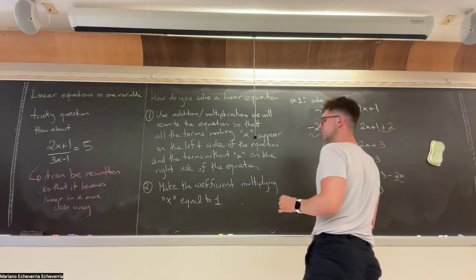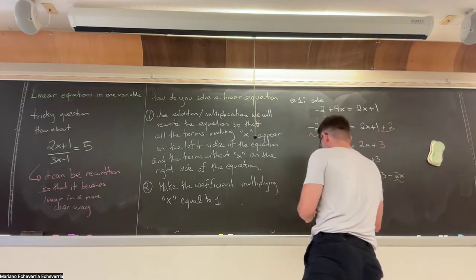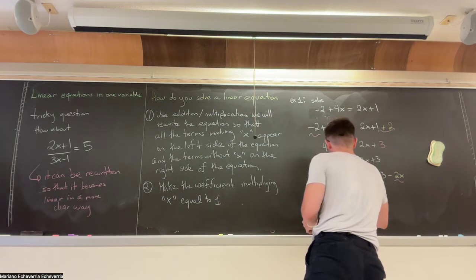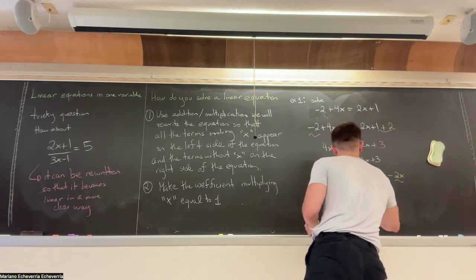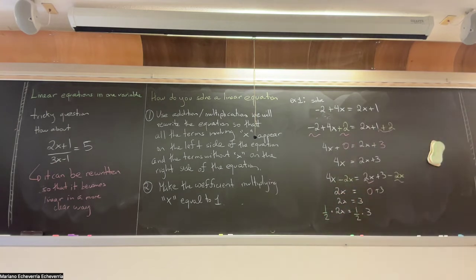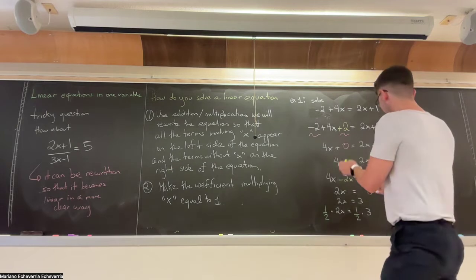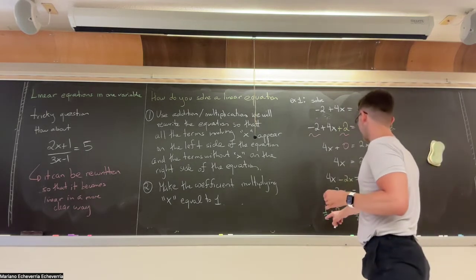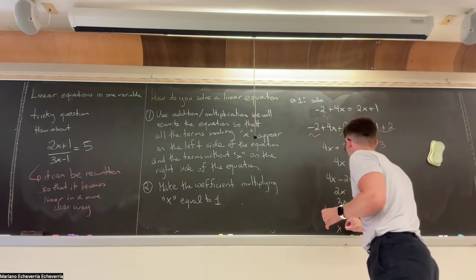The reciprocal of 2 is 1/2. So you do 1/2 times 2x equals 1/2 times 3. And 1/2 times 2 gives you 1, so that will give you x equals 3/2.